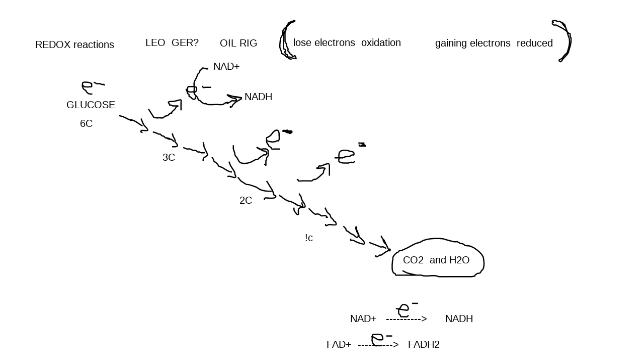So the flow of electrons is going from the glucose to all these NADHs, and NADHs are the main thing that are picking these up. And then way down at the bottom, in the Krebs cycle, you're also taking these and putting them into FADH2, which is the other type of electron carrier.